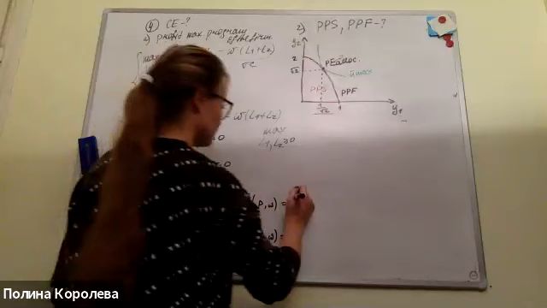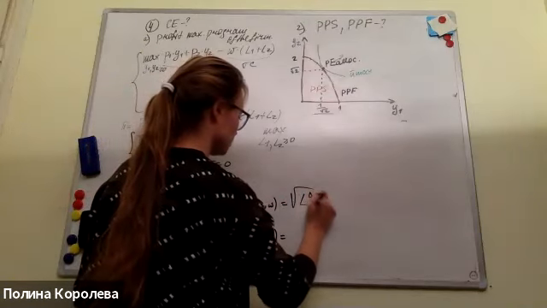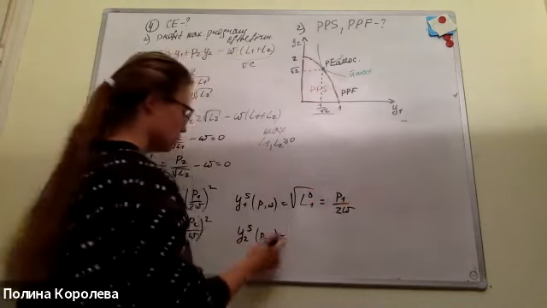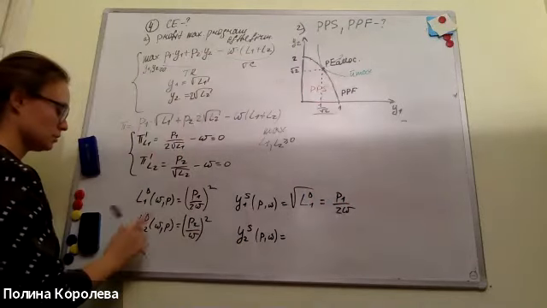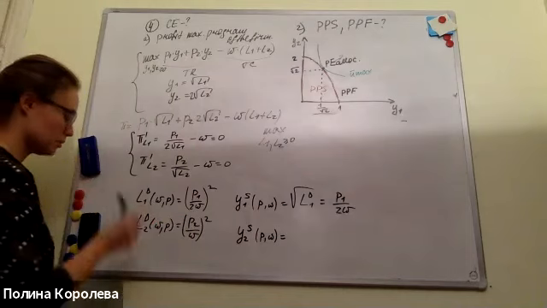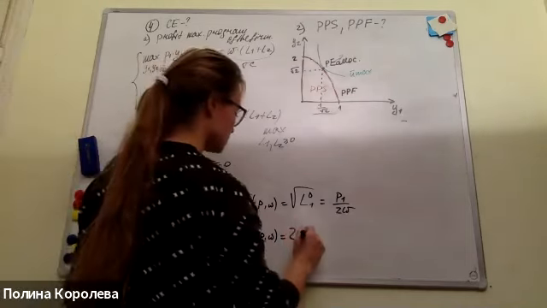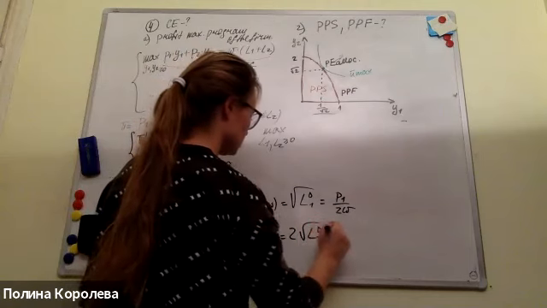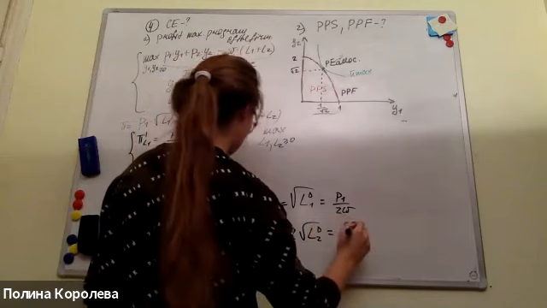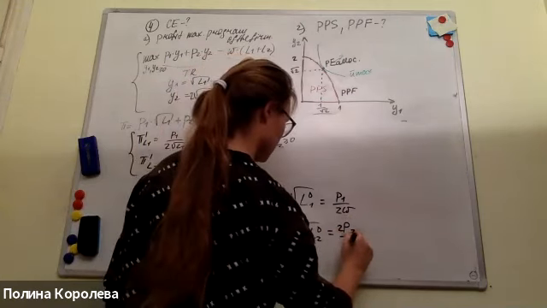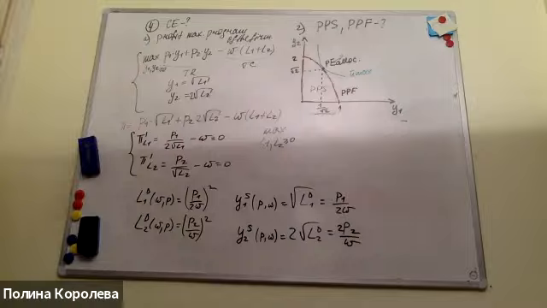This will be square root of L1D, and this will be P1 over 2W. Put the demand for labor on the second production into technology: 2 square root of L2D will be equal to 2 P2 over W. Okay, so we finished with our firm.